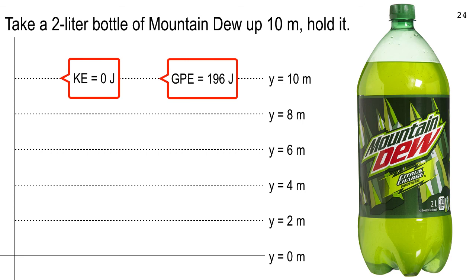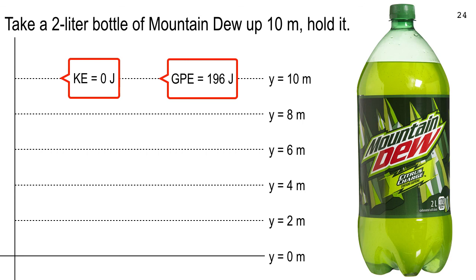But if you do the same thing, minus mg delta y, for a negative delta y, say the top of your building is 0 and you let it fall 10 meters, then delta y is negative and you've lost potential energy.